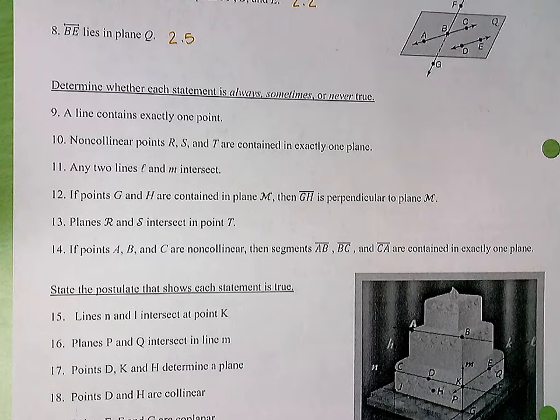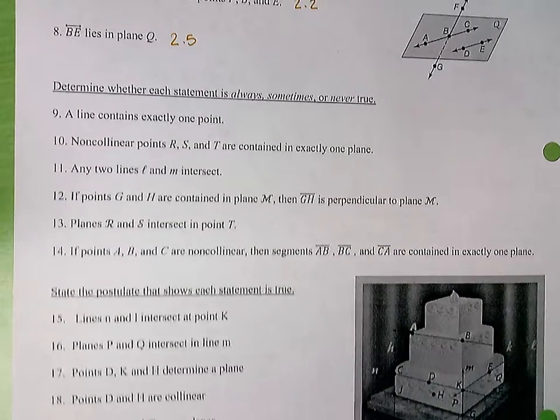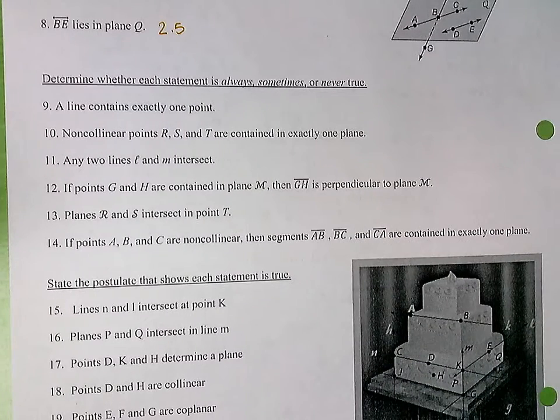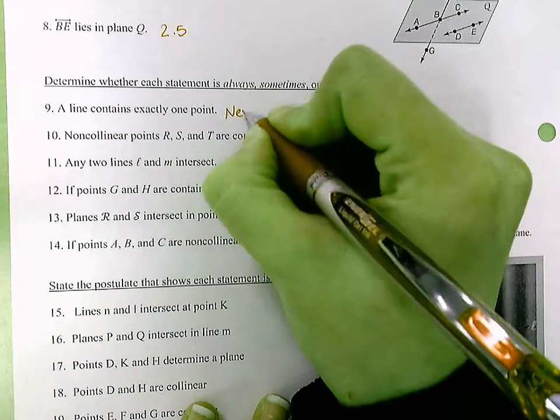All right, so looking at number 9, a line contains exactly 1 point. How many points need to be in a line? Probably two. So this one is never.